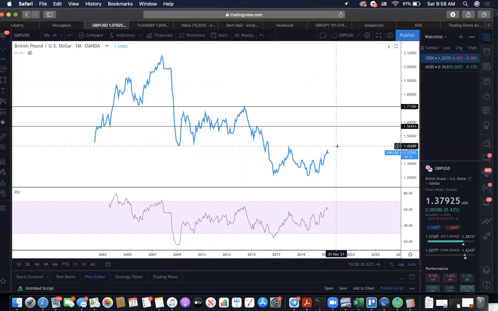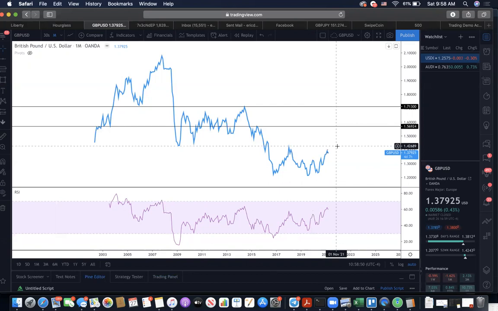Places where a certain pair might have bought from now become an area of interest for selling opportunities and vice versa. When you look for your areas of importance, always remember that the higher the time frame, the stronger the level.